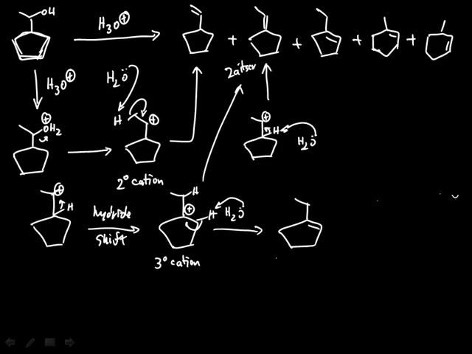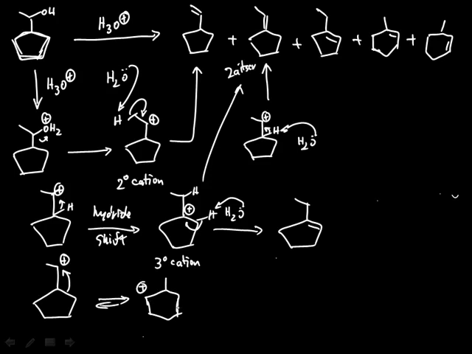Finally, neither of these two mechanisms still explains the formation of six-membered rings, and this is explained by a different cationic shift. In our first case, we had a stabilization of this cation by movement of the hydrogen over here, but now we could stabilize the same thing by moving the whole alkyl group. And this would be an equilibrium because we would form a six-membered cation, which is still secondary.